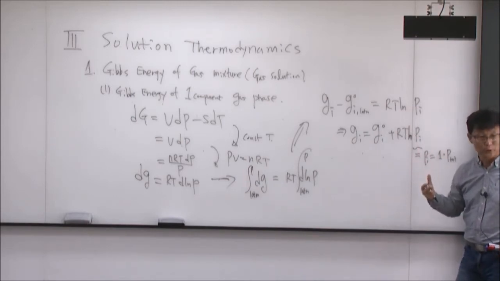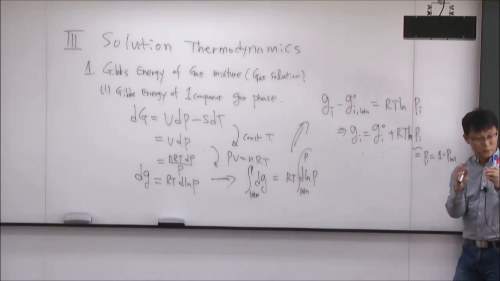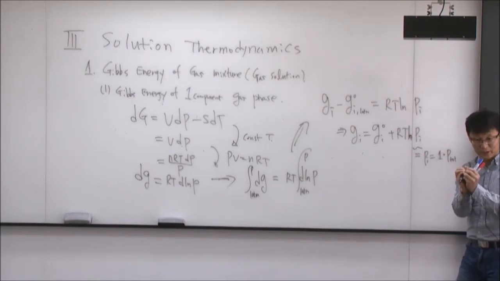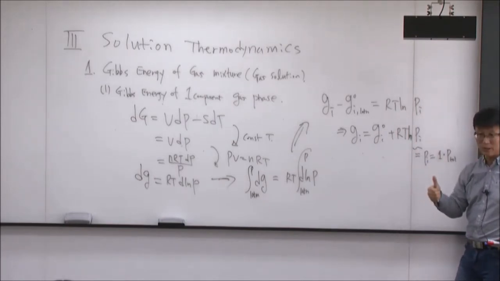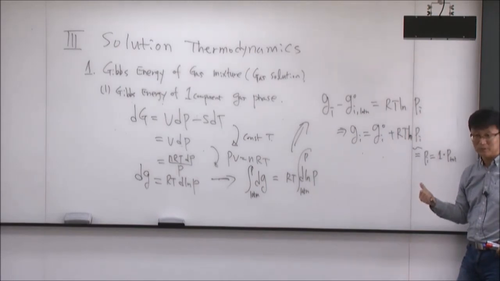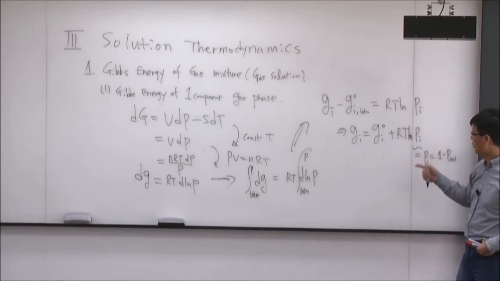So from the Gibbs energy point of view, if my system has 1 atm originally, and if I push it, make it a smaller gas phase, smaller volume, then pressure is going up, and Gibbs energy is increasing during that process. So it's a thermodynamically less favorable process, because Gibbs energy is increasing with the process. Okay, the other way around.